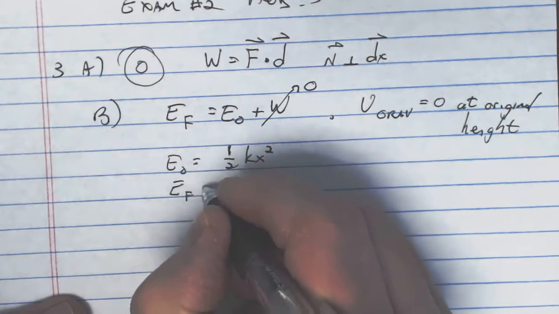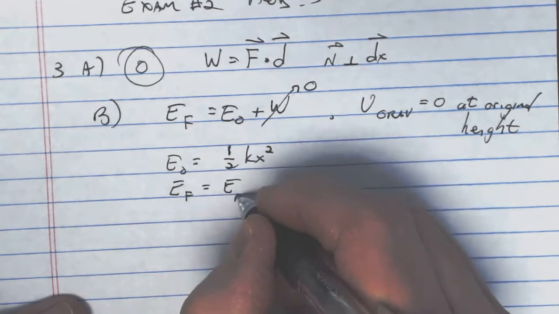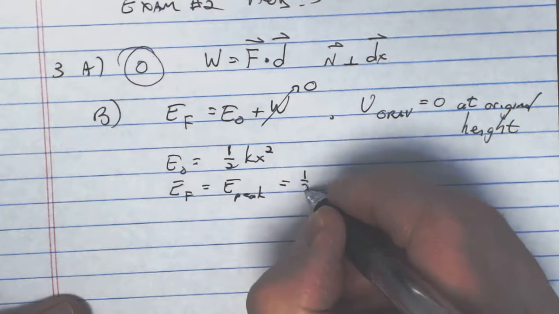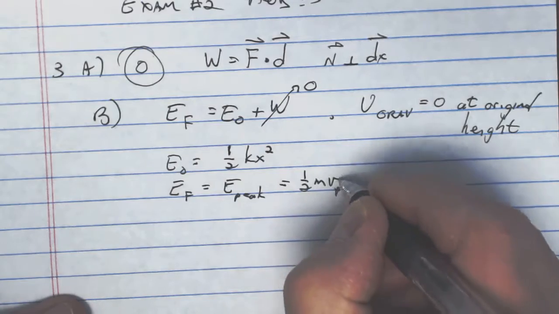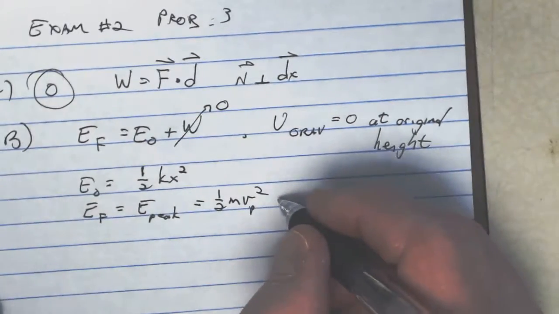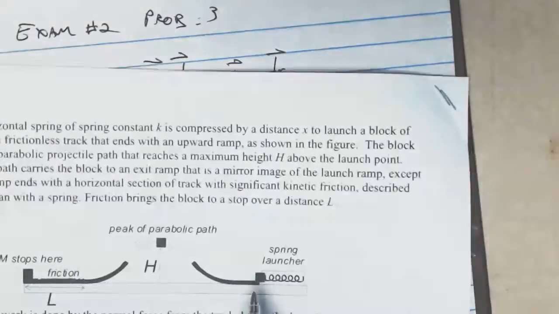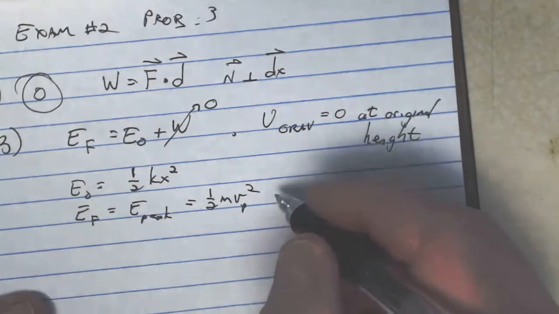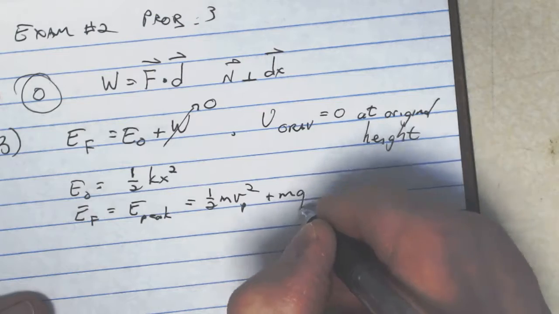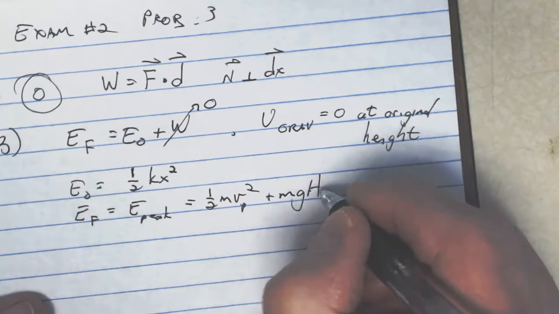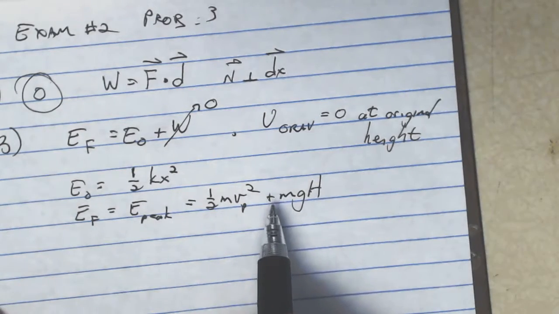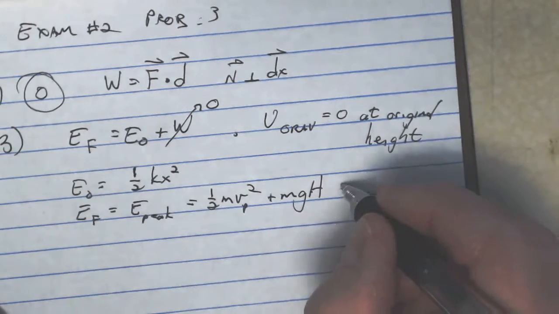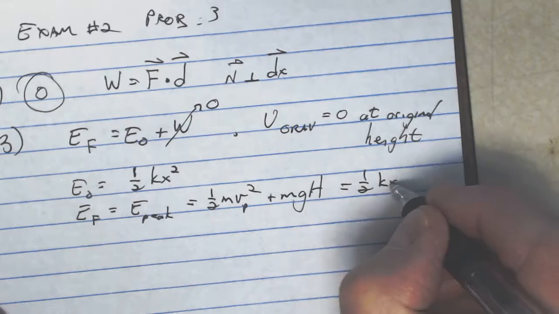The final energy is at the peak, because that's what the question asks about. At the peak we'll have a kinetic energy, 1/2 m v peak squared, and it's above U equals 0, so it also has gravitational potential energy, plus mgh. E final equals E naught, so this has to equal 1/2 kx squared.